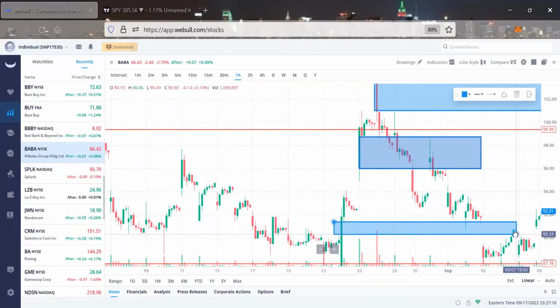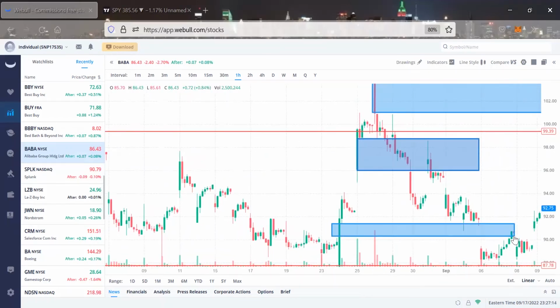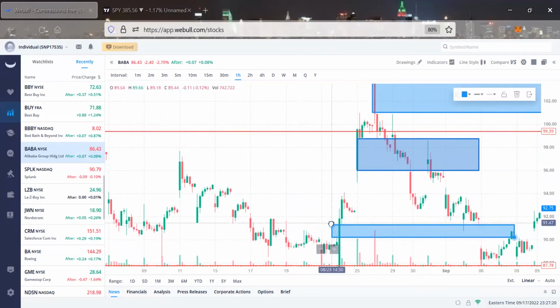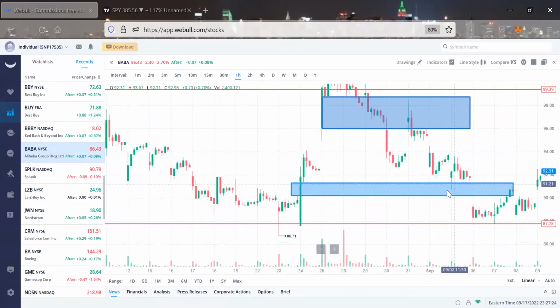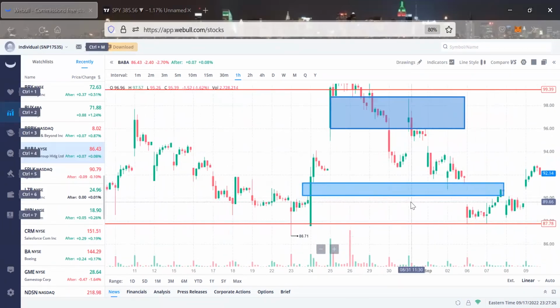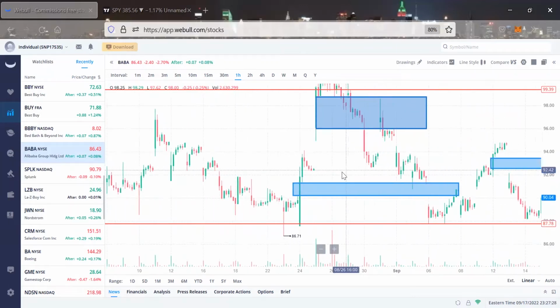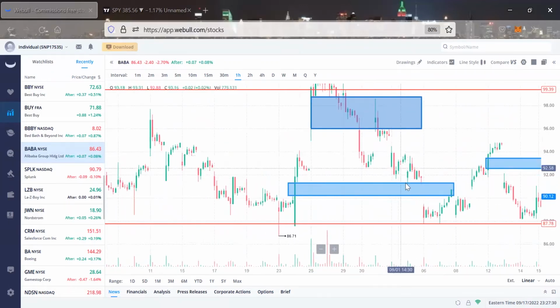Once we have that gap, whatever you want to call it, imbalance, fair value gap, FVG, we've seen that this candle actually tried to fill it. So what does that mean? It means that price fills 50%.